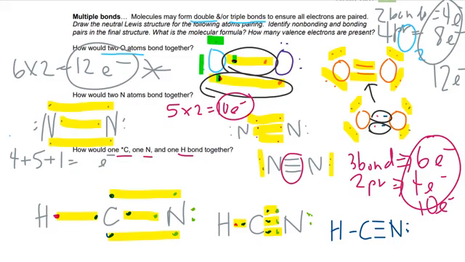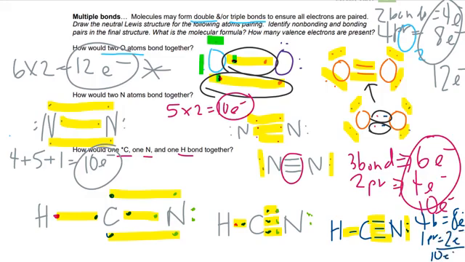Again, we need to have 10. So I've got 1, 2, 3, 4 bonds. 4 bonds equals 8 electrons. And I have my 1 lone pair, so 1 pair equals 2 electrons. And so 8 plus 2 is 10 electrons, which matches what I originally started with.